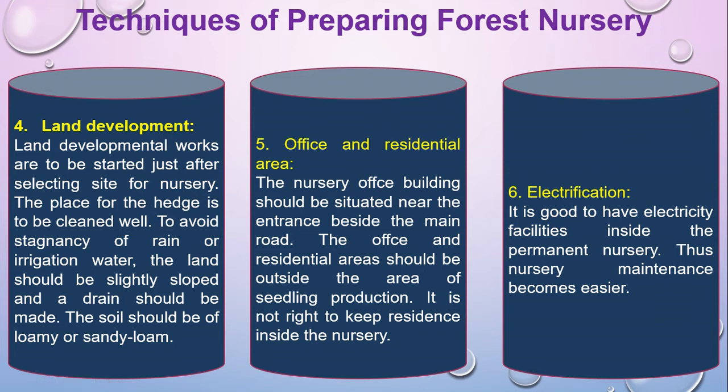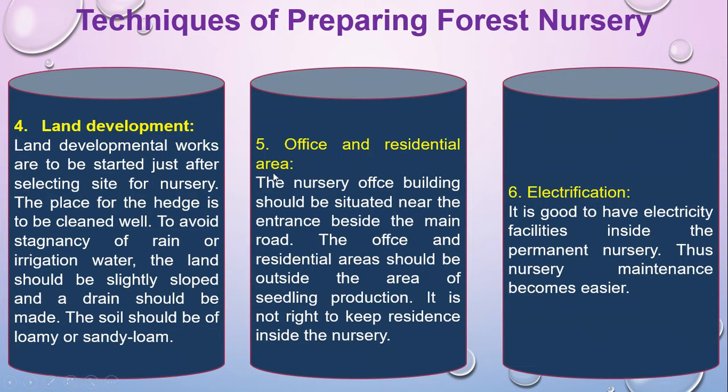If there is any hedge or need to clean, you have to clean that. If water or irrigation is needed, you have to prepare for that. And for slight slope or drain, you have to plan that. This is called land development, and make sure there will be no water stagnant condition in the land.